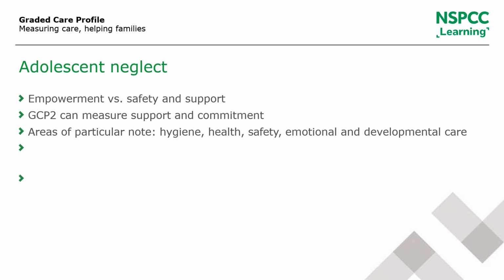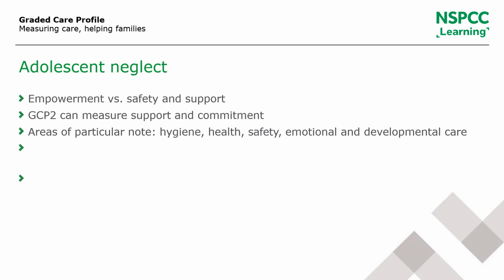It's almost easy to pick up the 2-year-old and put them in the bath, to wipe the face of a little one, to do hand washing after the toilet if you're toilet training, etc. However, it's not as easy to make a 14-year-old have a bath or a shower, but we need to be making sure that that encouragement is there, that access to hygiene products is there, etc., to make sure that this young person is able to take care of their own hygiene.